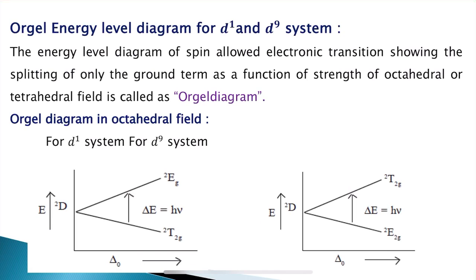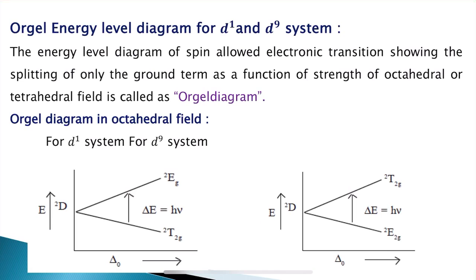This is the first selection rule we already discussed, that for the energy states like T2g and Eg, for the electronic transition to take place from T2g state to Eg state or Eg state to T2g state, the condition is that they should have the same spin multiplicity.